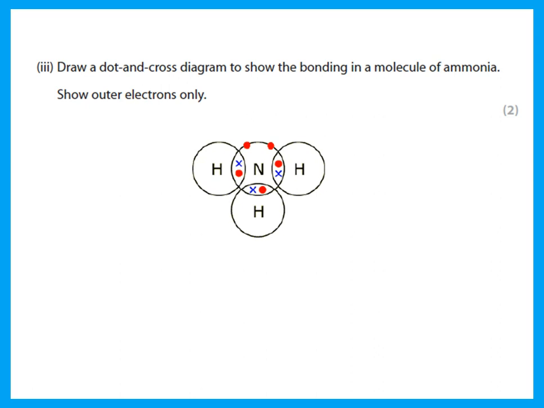That means it needs 3 to have a full outer shell, because full outer shells need 8. So we need 3 electrons. Each hydrogen can donate only 1, so we need 3 hydrogens to share 3 electrons with the nitrogen. And don't forget the rest of the 5. Nitrogen had 5 electrons in its outermost shell, so there are still 2 up there that are not used for bonding.